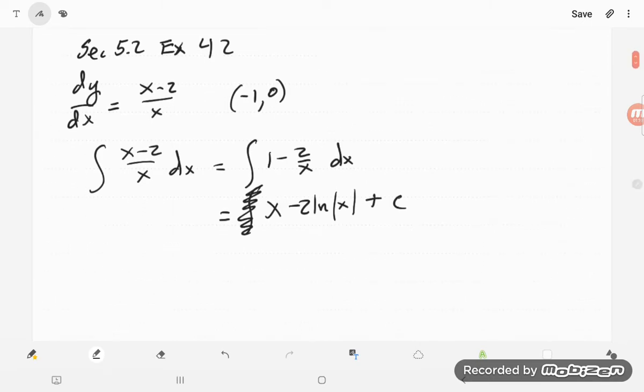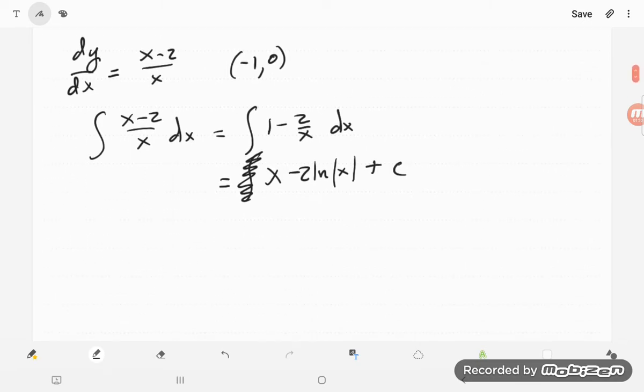And so with that, I can plug in my -1 and I get 0.